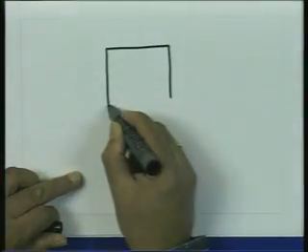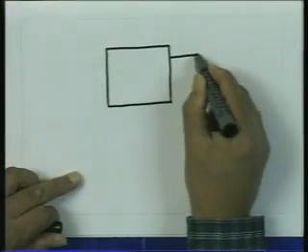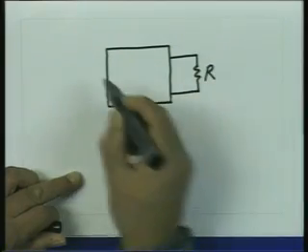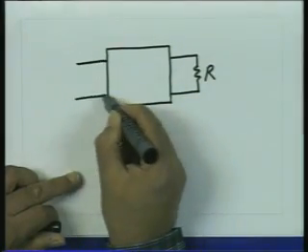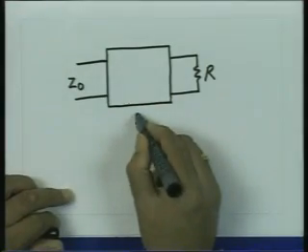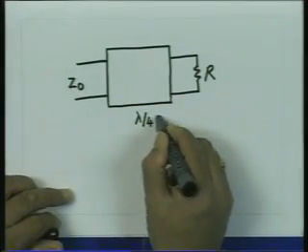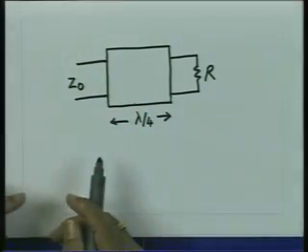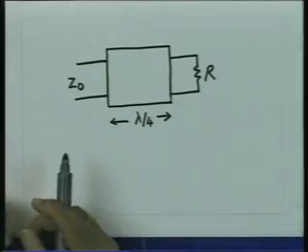So, if I take this transforming device and move by a distance of lambda by 4 on this, so this is my transforming unit, to this side of which is connected a resistance R, which is to be matched to the characteristic impedance Z0, which is also real, and this distance now has to be lambda by 4, because then only this impedance R will be transformed to another resistive value.